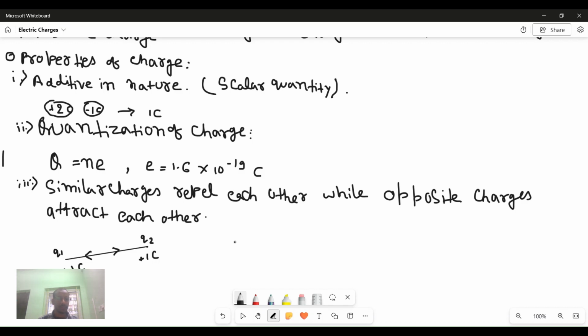If charges Q1 and Q2 are opposite in nature, then they attract each other. Let's take the charges plus 1 coulomb and minus 1 coulomb. The force of attraction takes place here. Q1 is attracted by Q2 and Q2 is attracted by Q1.